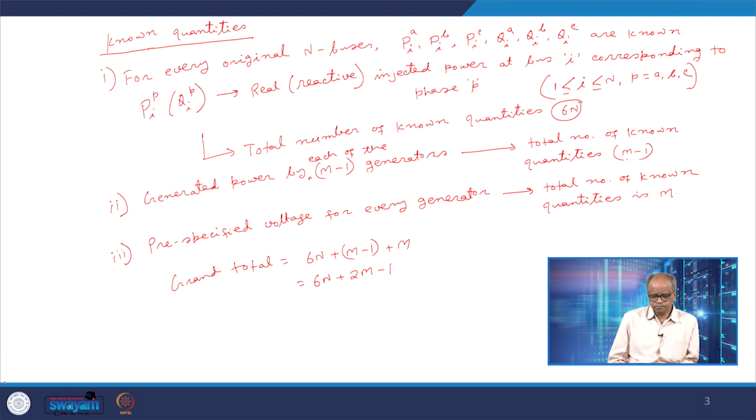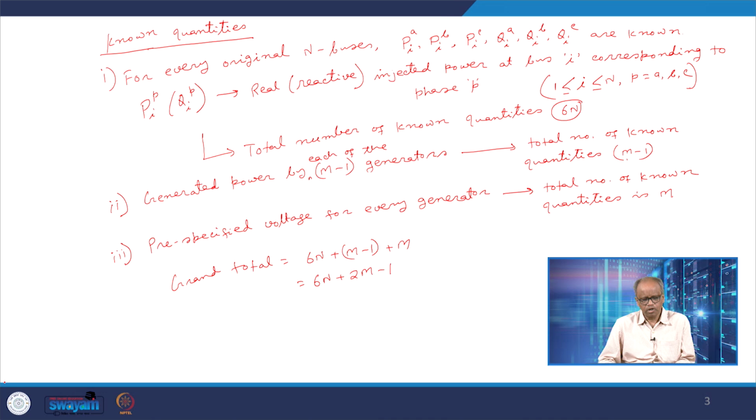And then we also know the pre-specified voltage at each of these generator terminals. So if I have a total of m generators, these m generators would be able to control the voltage magnitude at their terminals. So we know the pre-specified voltage at the terminal of each of these generators.